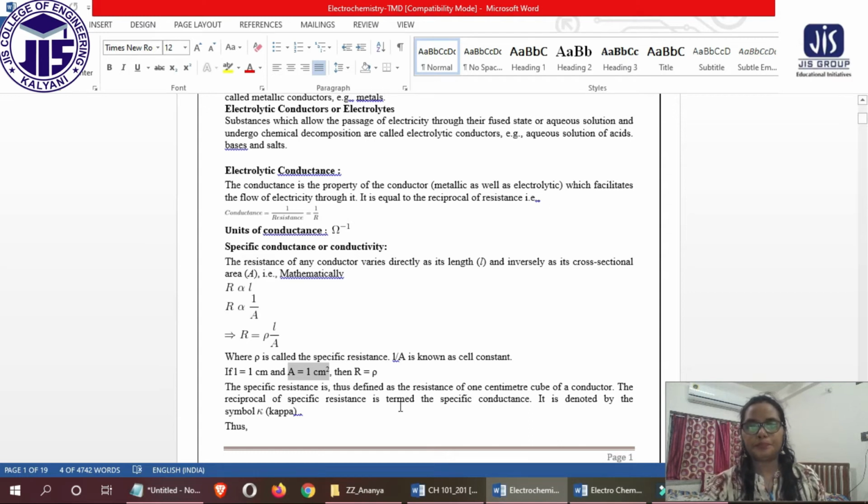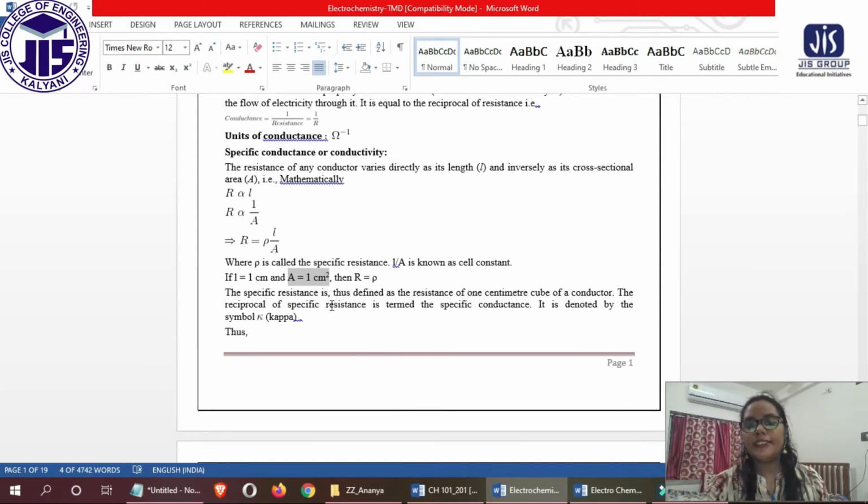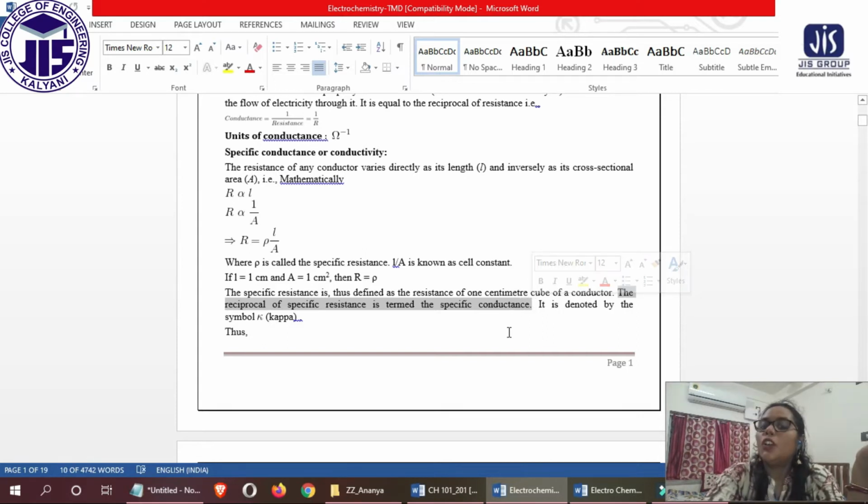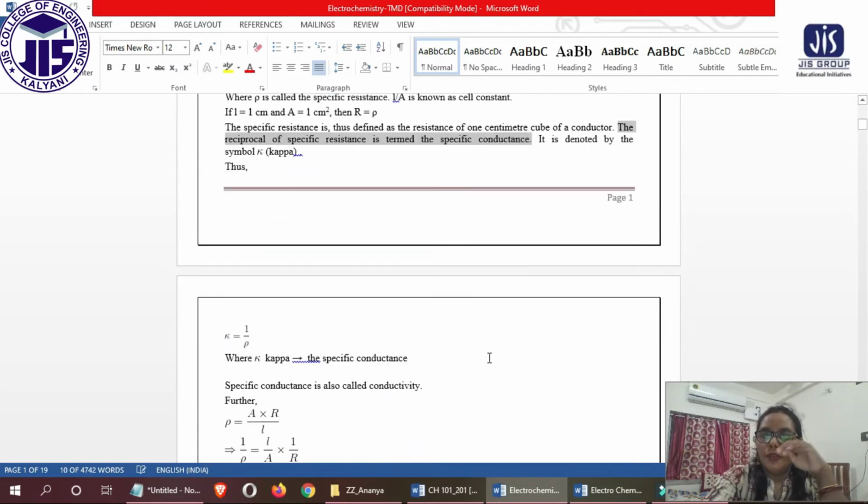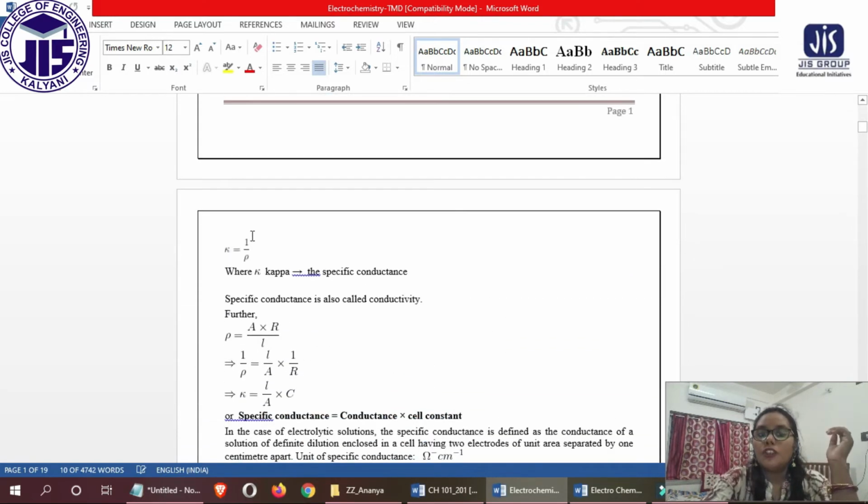The specific resistance is thus defined as the resistance of 1 centimeter cube of the conductor, and the reciprocal of specific resistance is termed the specific conductance. It is denoted by kappa, so kappa equals 1 by rho.